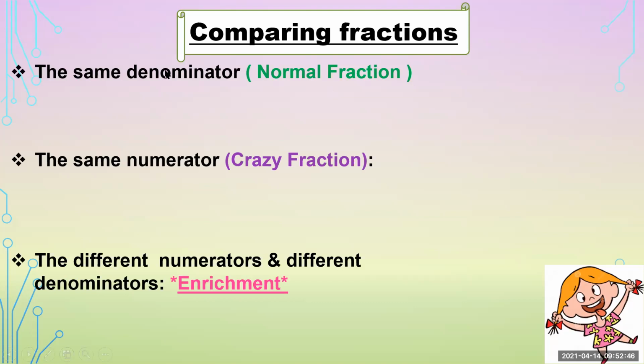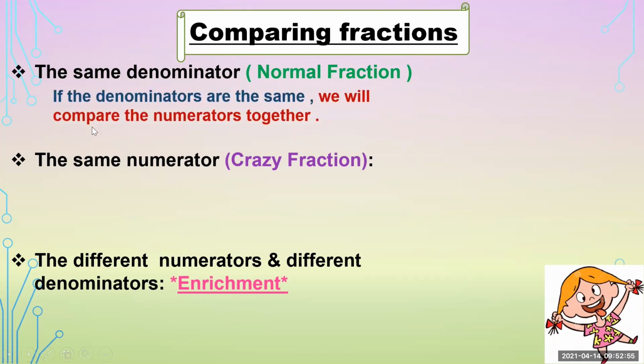The first type, if we have the same denominator, this will be a normal fraction like this. If the denominators are the same, we will compare numerators together. Normal means the big is big and small is small. The bigger fraction will be the biggest and the small fraction will be the smallest.